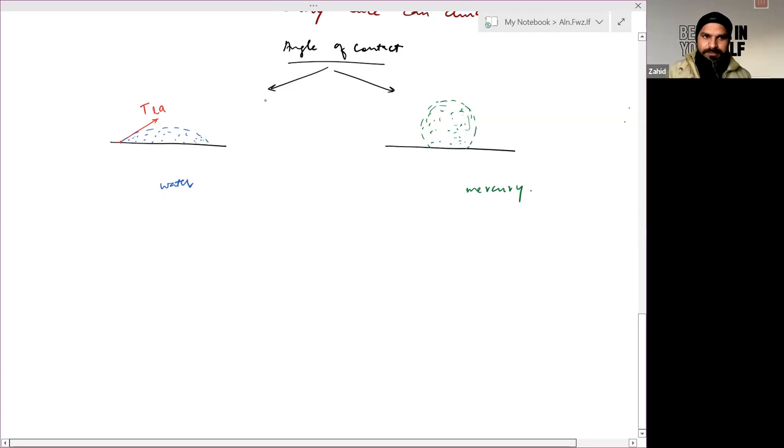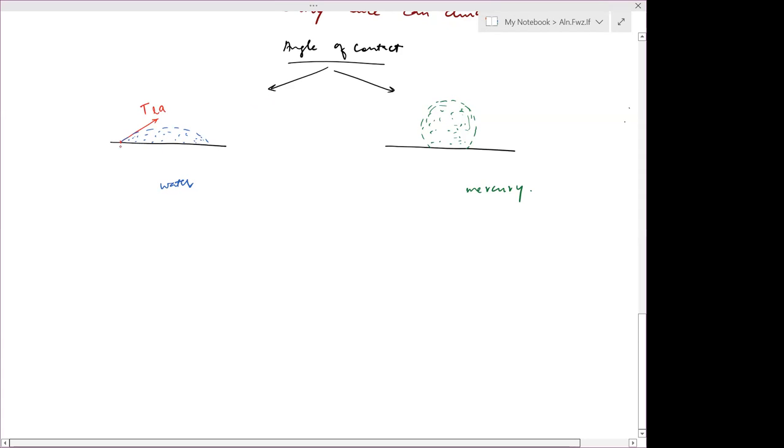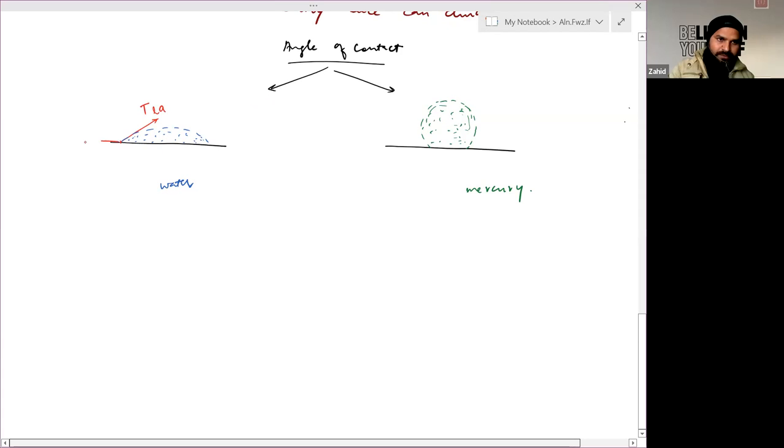Is it clear? Yes, sir. Similarly, at this part, if you draw along this direction, this surface tension is in between solid and air. And similarly, at this point, it will be in between liquid and solid. Is it clear? Yes, sir.